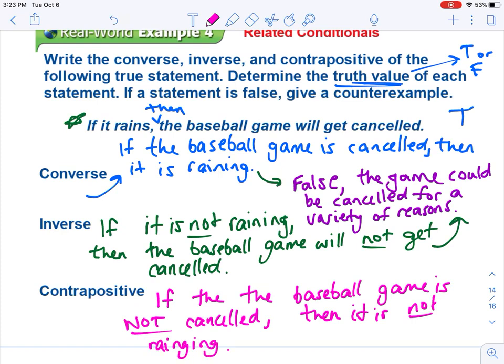So if we are playing, then it is not raining. I would say that is true. Okay? So that's our converse, inverse, and contrapositives.